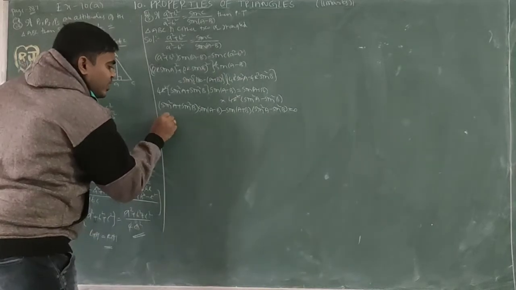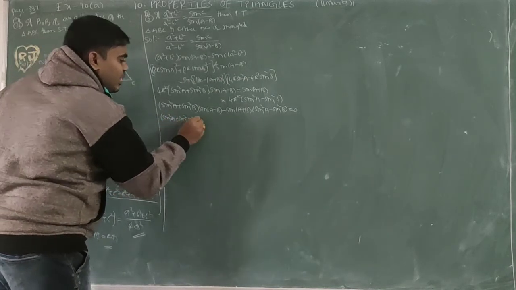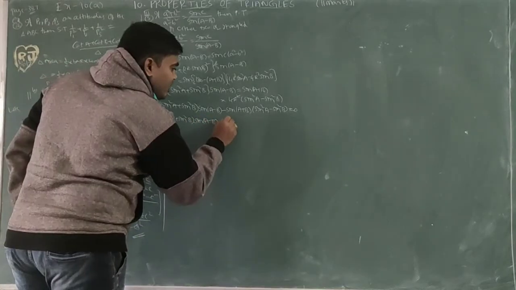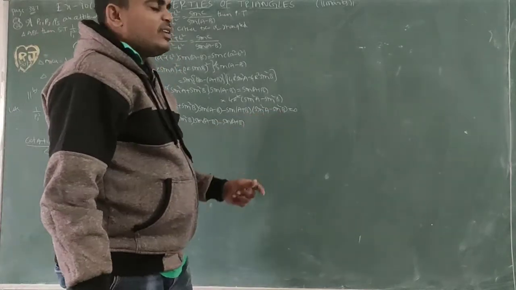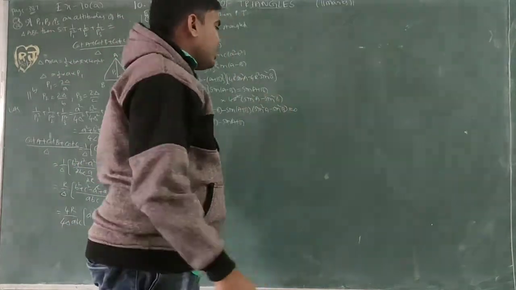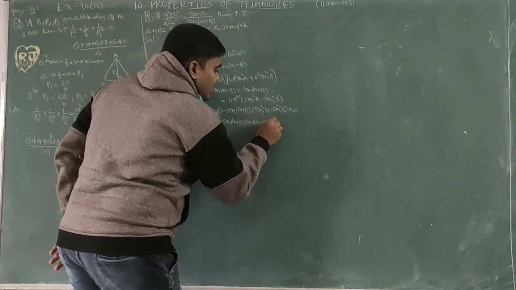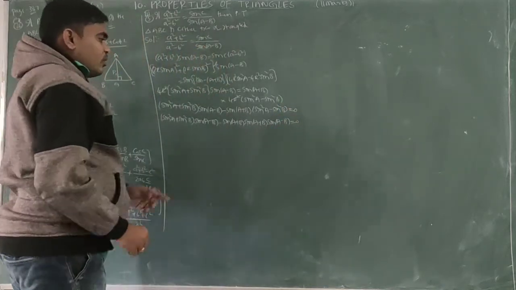So sin²A + sin²B times sin(A − B) as it is, minus sin(A + B) times (sin²A − sin²B). By the formula, sin²A − sin²B equals sin(A + B) times sin(A − B), so this is sin(A + B) times sin(A + B) times sin(A − B) equal to 0. Now, what is common?